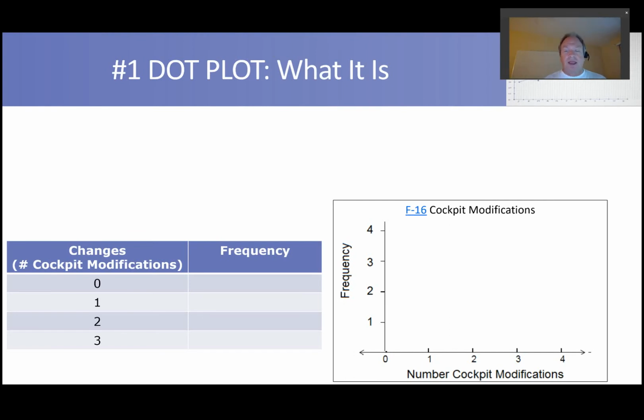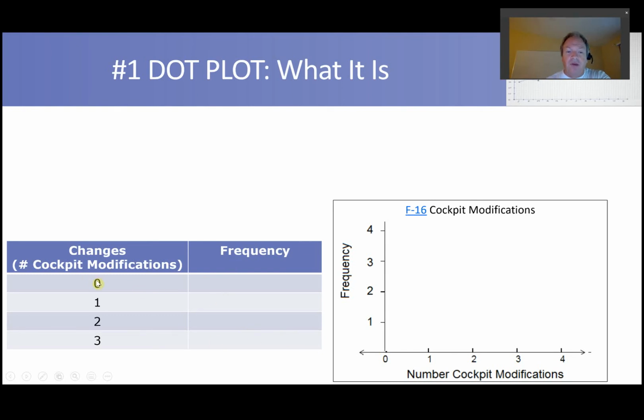What I want to do first, with the initial plot called a dot plot, is look at the variable in the F16 data set called number of changes. We remember that each year the Air Force made a certain number of changes to the cockpits. I want to look at all of that data graphically and all together.